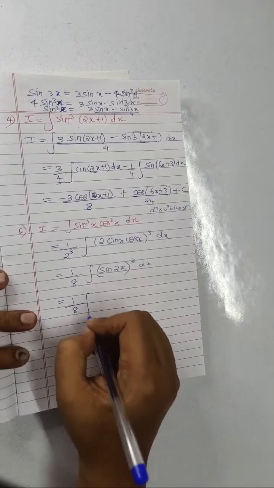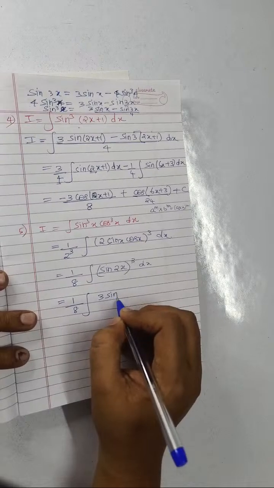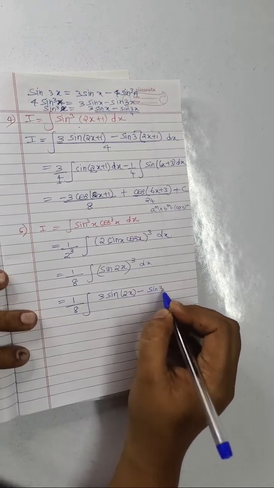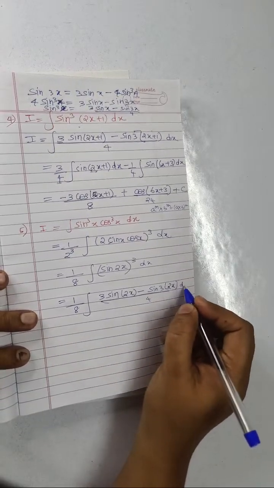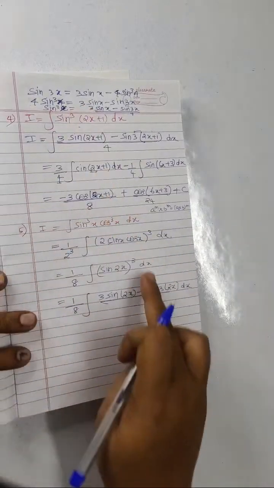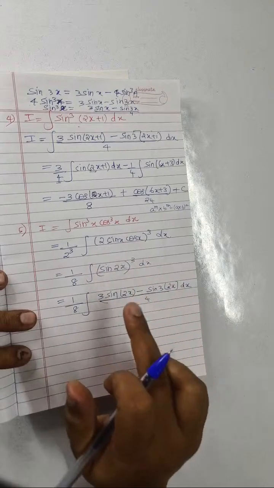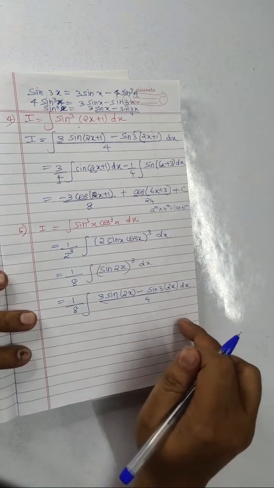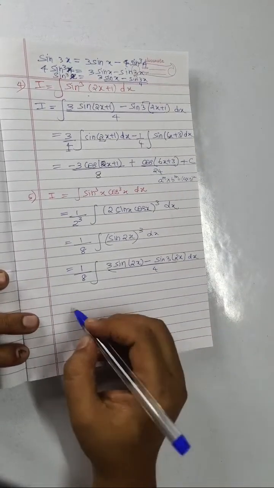So the formula will become (3 sin 2x minus sin 6x) the whole by 4 dx. You are just using that formula here. But in the exam, wherever you are using a formula, write in brackets that you are using that formula or those identities.